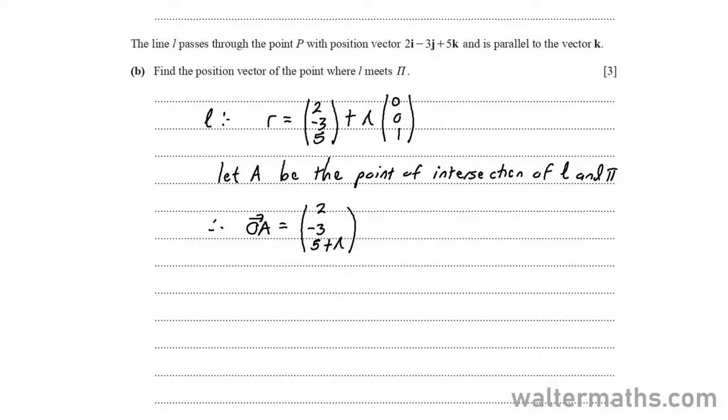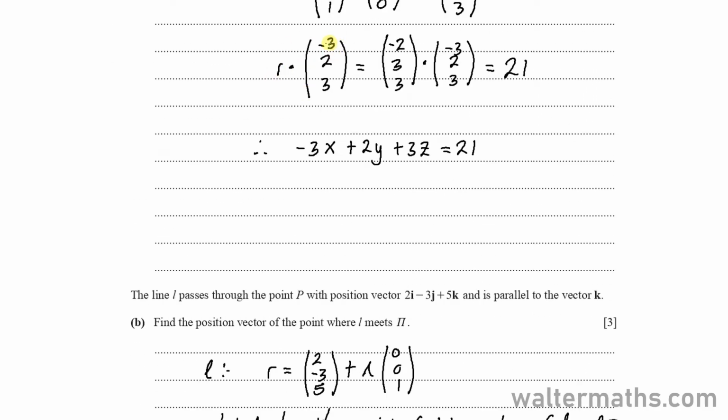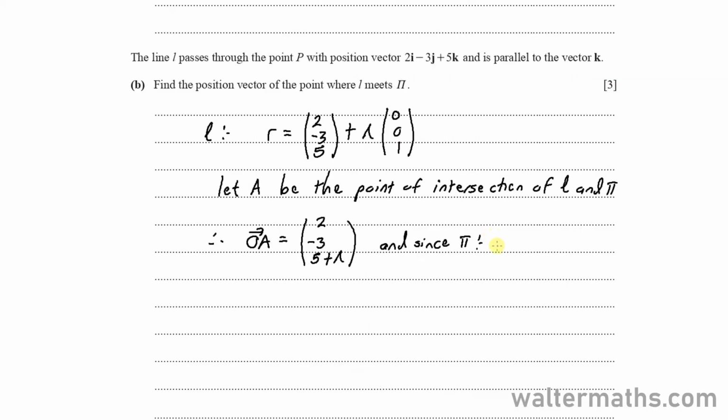Now, since right above we got the equation of the plane as r dot minus 3, 2, 3 is equal to 21, therefore the dot product of 2, minus 3, and 5 plus lambda, dot minus 3, 2, 3 should give us 21.